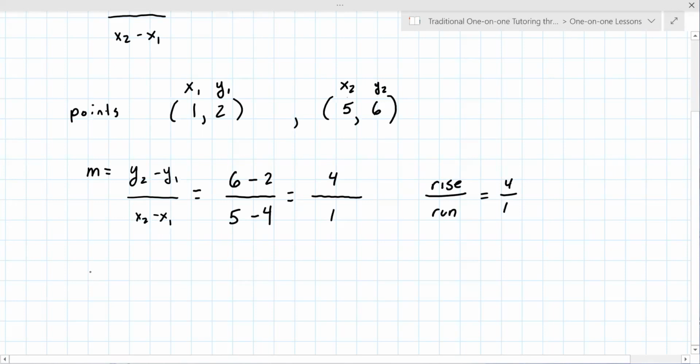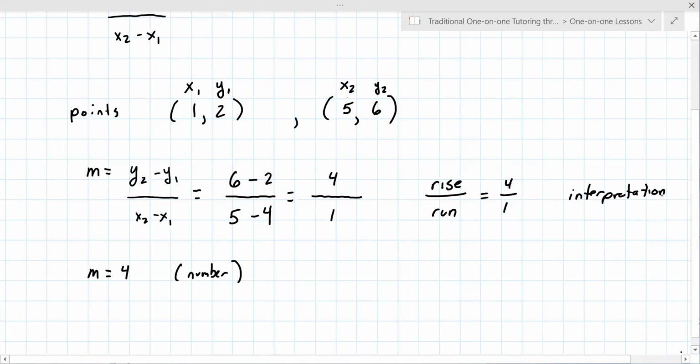But if I said what is the slope, you would say the slope is 4. It's basically whether I'm asking for a number or an interpretation.